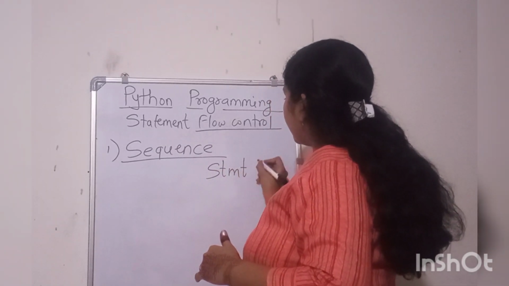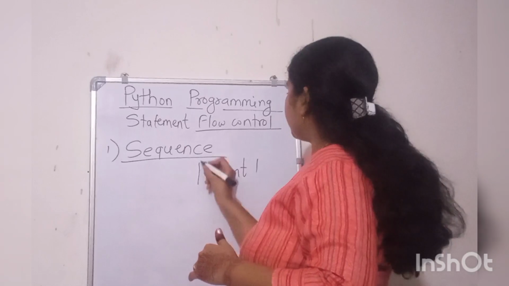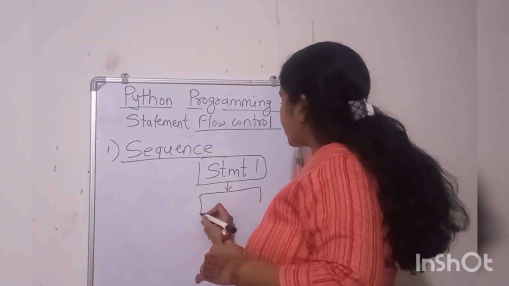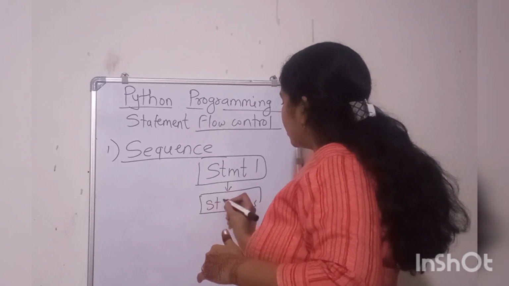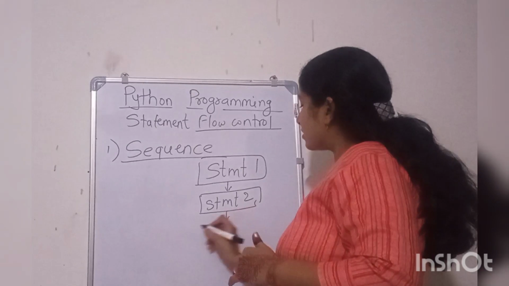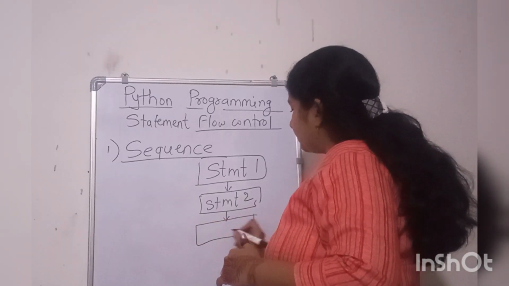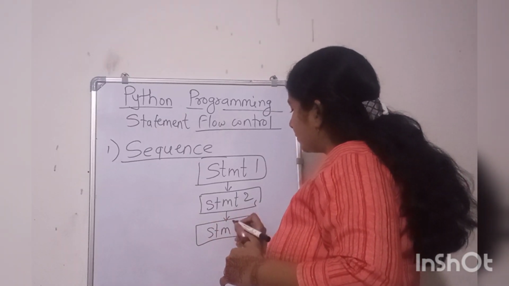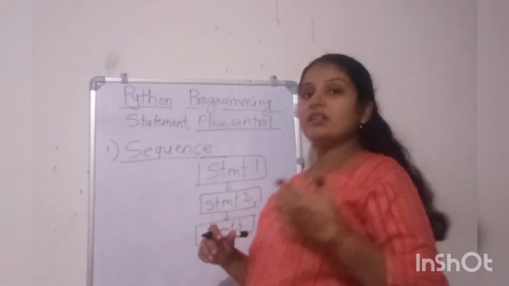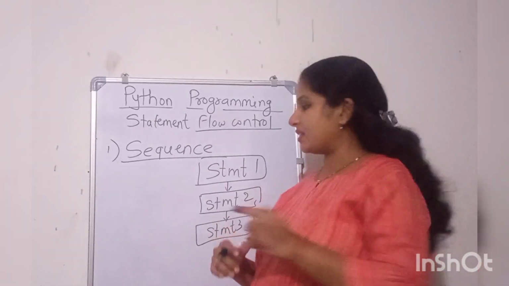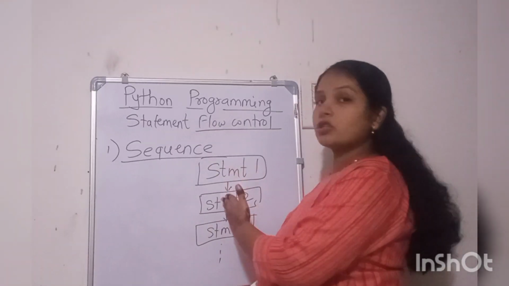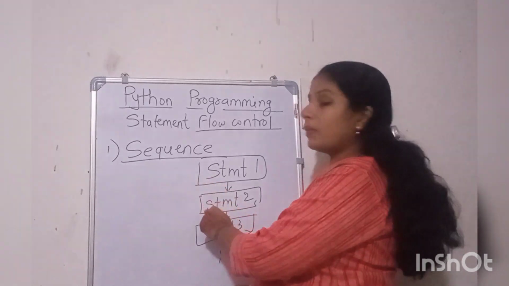This is our statement number 1. Then after that we are executing statement number 2, and after that statement 3, and so on. So your statement flow control is basically the sequential manner in which your statements are going to be executed one by one.